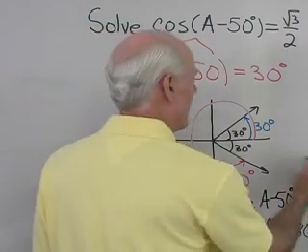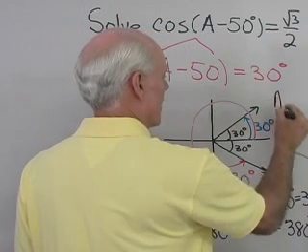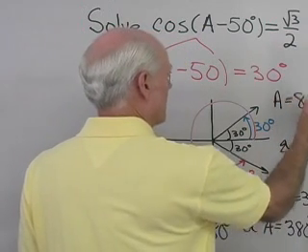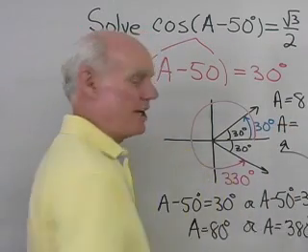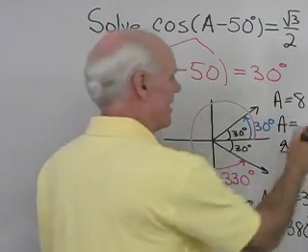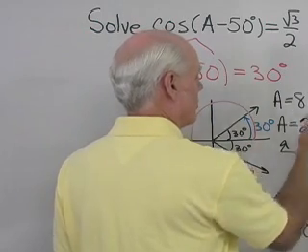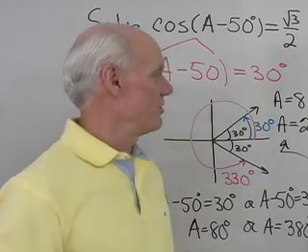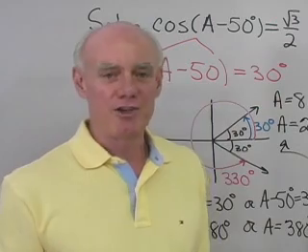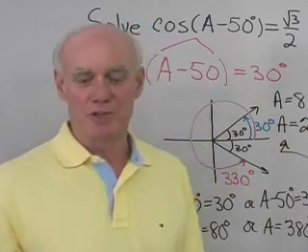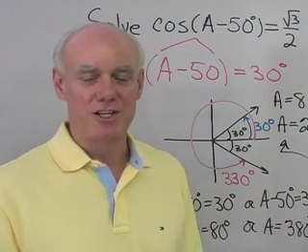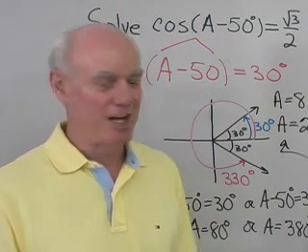So I'm going to go up here and write my two solutions this way. A is equal to 80 degrees, and A is equal to 380 minus 360. I'll take that coterminal part off and just get 20 degrees. And then if I want to write all solutions, I'll take these two angles right here and add on multiples of 360, plus or minus 360 degrees times k.